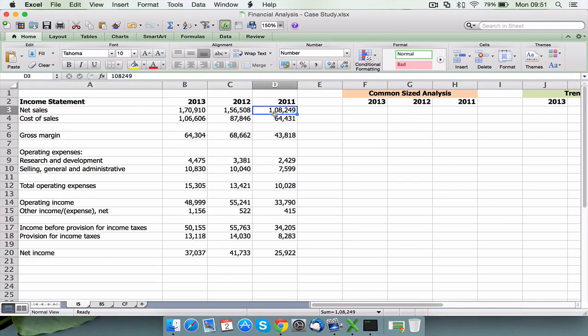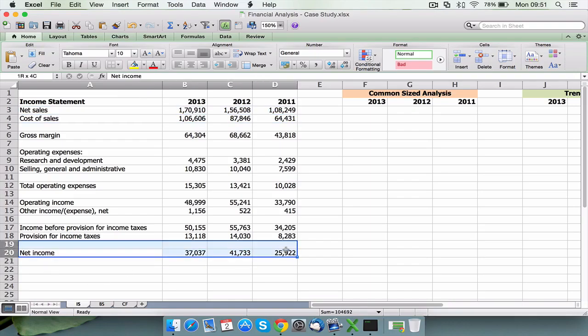As you can see, the net sales has gone up from 108,000 million to 170,000 million. And the cost of sales has also gone up. And you have your gross margins here, the various expenses, the operating income, income before taxes, income taxes, and the final net income. So we have the top line and we have the bottom line.